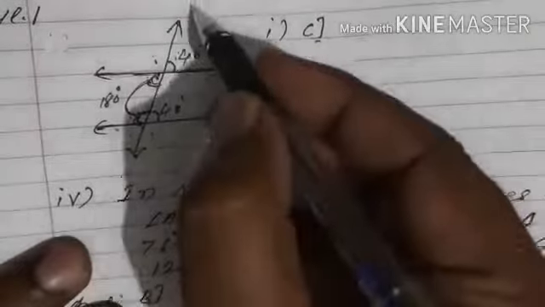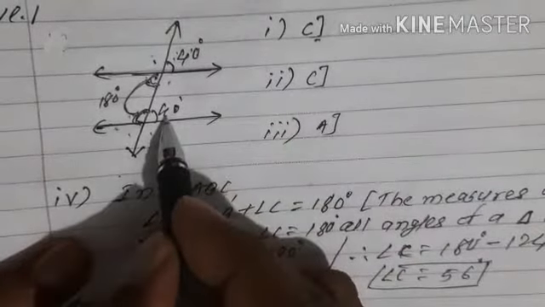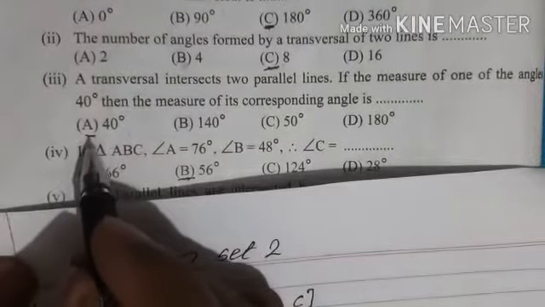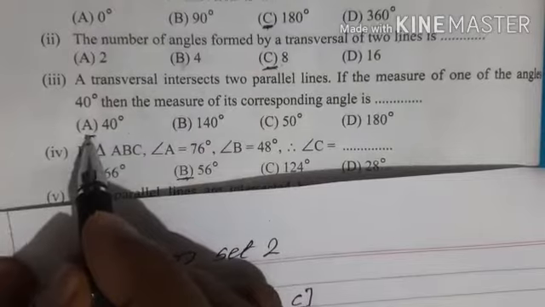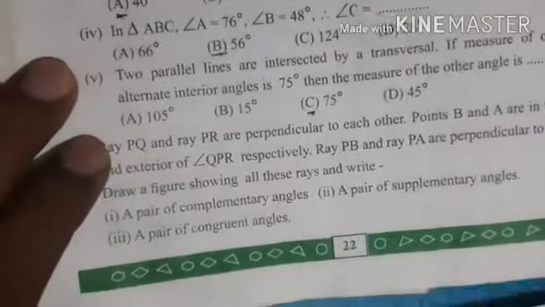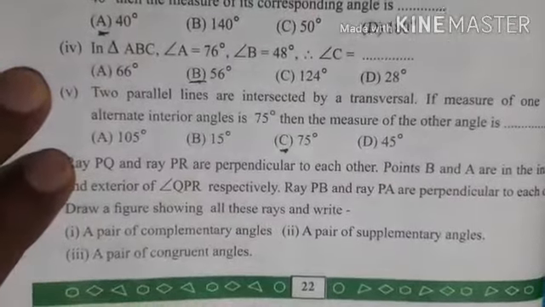I draw the two parallel lines and transversal. If this angle is 40 degree, then its corresponding angle also 40 degree. Therefore the answer is option A, 40 degree.